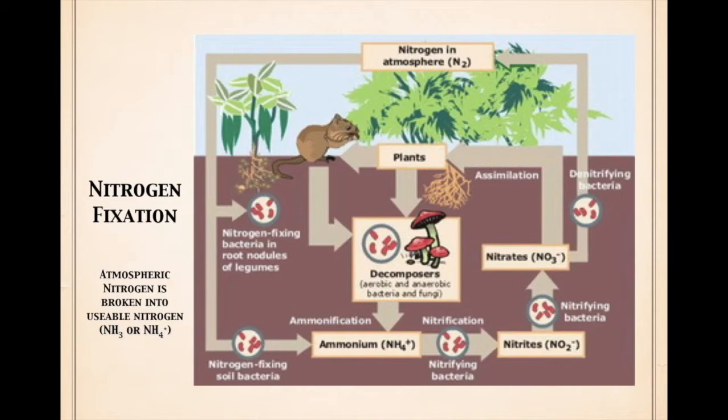If you follow the right side, you have more nitrogen fixing bacteria, and you also have decomposers which can help in that process. Not only bacteria can break down this nitrogen, certain fungi can break down the nitrogen as well. So there are 2 living organisms, bacteria and fungi, that can break down nitrogen, and then the non-living things we saw on the previous slide: lightning, forest fires, or lava.